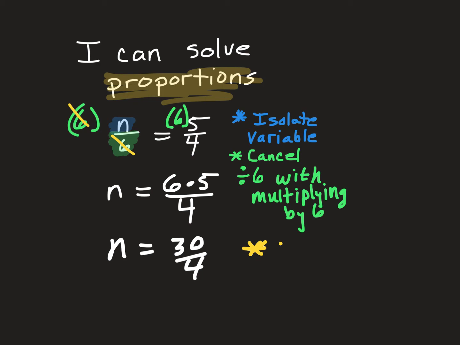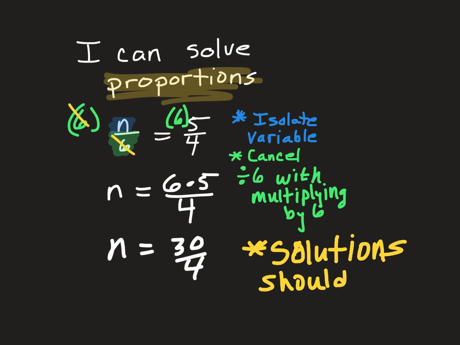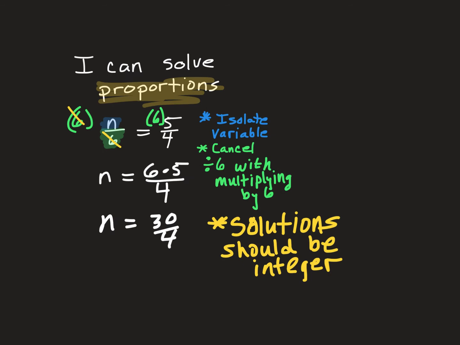why is that not writing? It's probably because it wants me to say a math word. Instead of answer, we're going to call it a solution, which is what it really is. Solutions should be a whole number or an integer, so like a negative whole number or a positive whole number, or a simplified fraction.